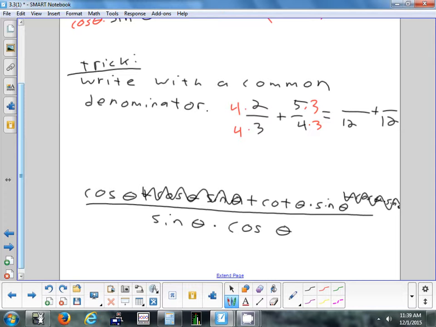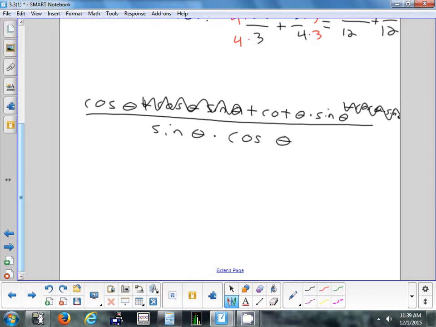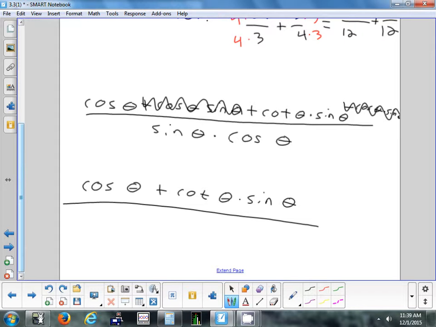Okay, you could try to do more at this step, but what I like to do is just rewrite what I have now cleaner. I've gotten rid of all that stuff. Let's look at it now with that stuff gone. So we got cosine plus cotangent times sine, all over sine times cosine.